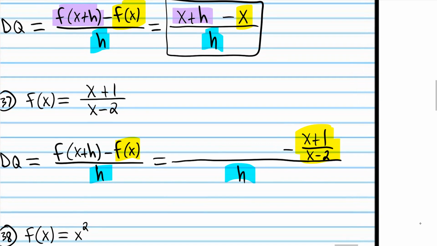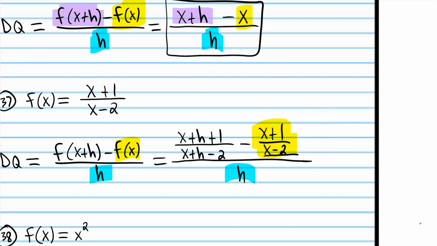F of x plus h is the same expression that you see up here. It's the same expression that we wrote in yellow, except instead of x, we're going to plug in x plus h. I guess we didn't really need so much room there. So that is f of x plus h.